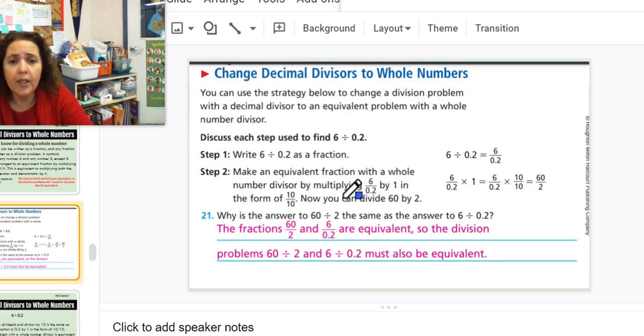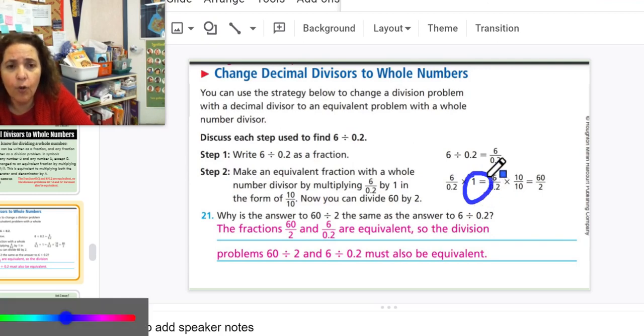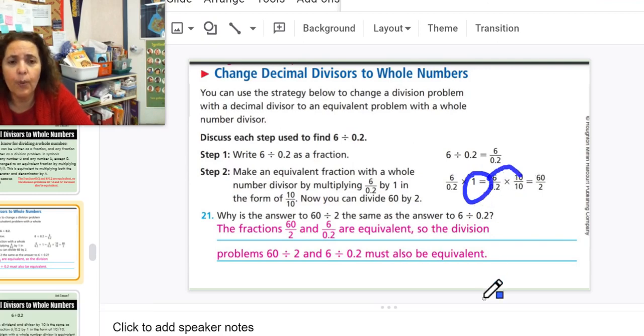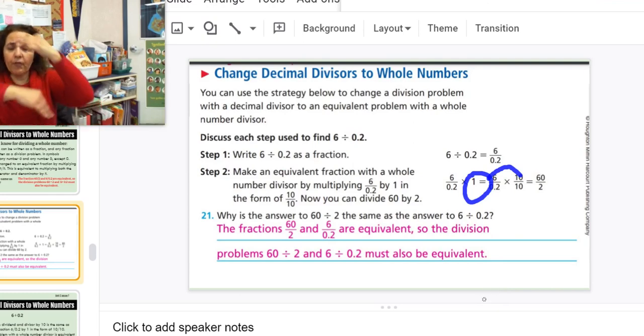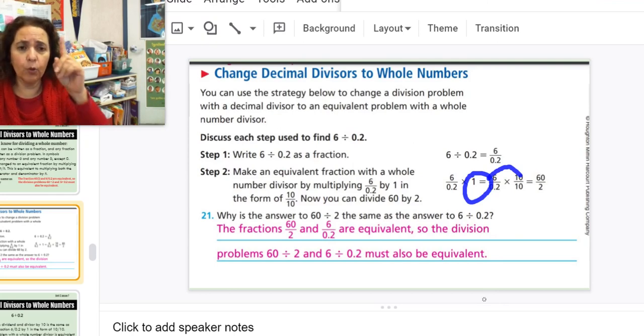So what I can do is make an equivalent fraction. If I multiply it by 1 whole, it's going to be the same thing. And remember, this 1 whole, I can change to 10 over 10. Top and bottom. Remember, if the numerator and denominator are the same, it's equal to 1 whole.